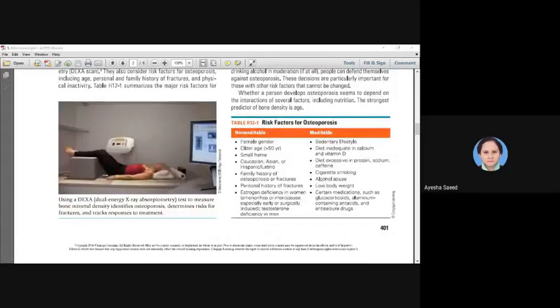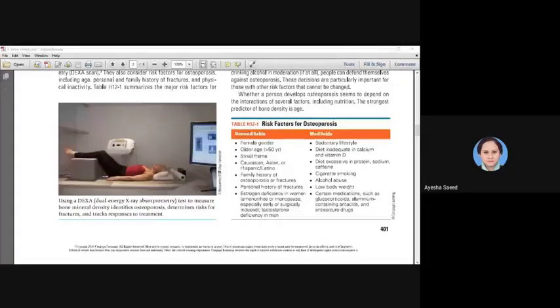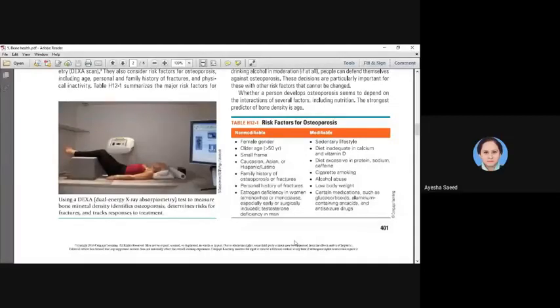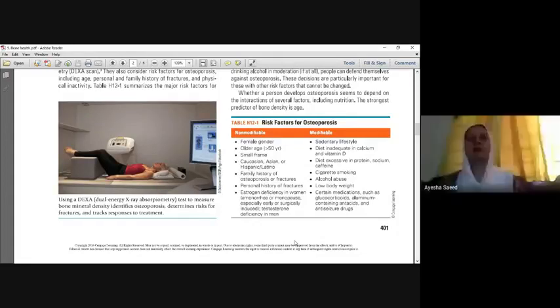The first factor is being of female gender, age greater than 50 years, having a small bone frame, being Asian, Hispanic, or from Latin America, family history of osteoporosis or fractures, personal history of fractures, estrogen deficiency in women that happens after menopause, and testosterone deficiency in men. These are reproductive related hormones. If they are deficient, there can be osteoporosis.